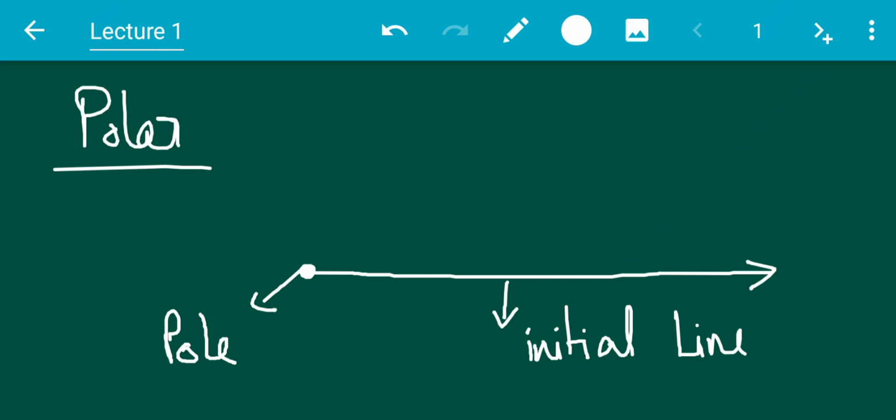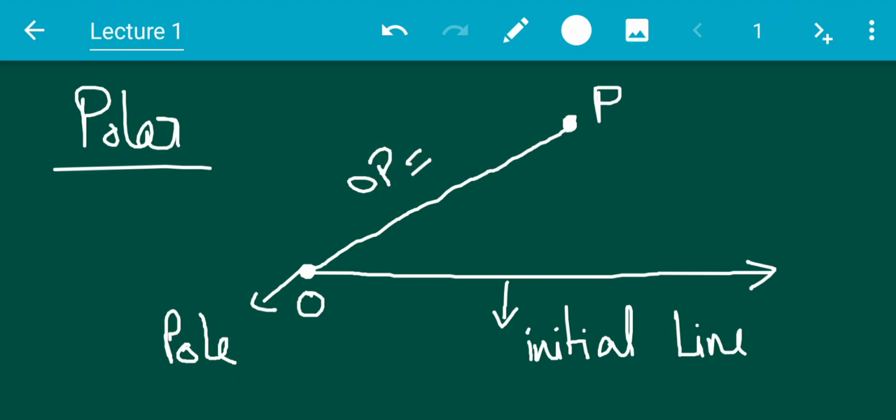So how to locate a point? This is interesting. Suppose this is a point, how to locate it? We draw a straight line from the pole to the point. Suppose this point is P and this is O. OP is the distance of P from O. We denote it by r.